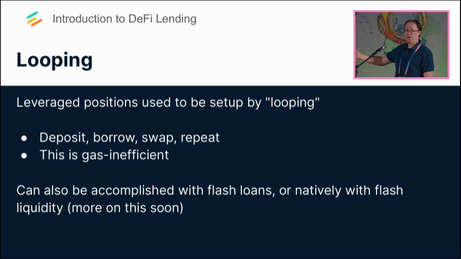However, this is, as you probably understand, gas inefficient, because you're doing many, many swaps. So that's why there are many other ways of solving this. Most famously, I would say, is flash loans, where you take out a big borrow in one atomic transaction, use that to set up your position, and repay it at the end. But as we'll see, we provide a little bit of a better way of doing that, this generalized concept of flash liquidity.